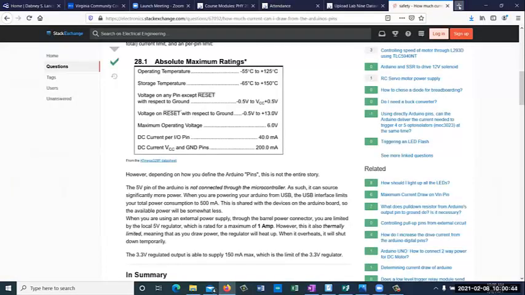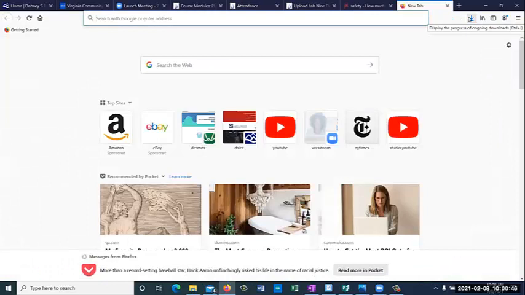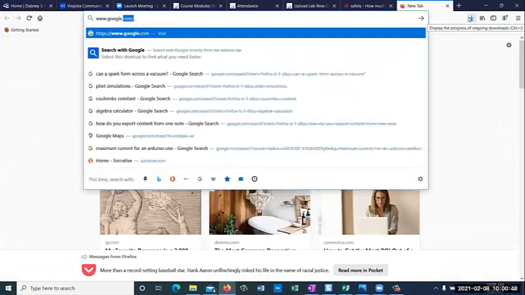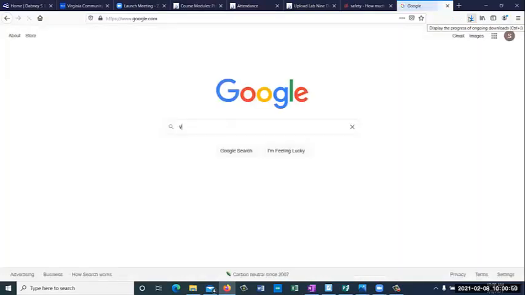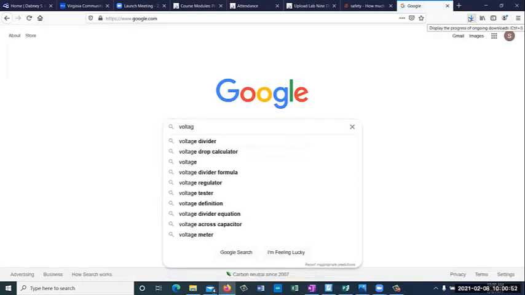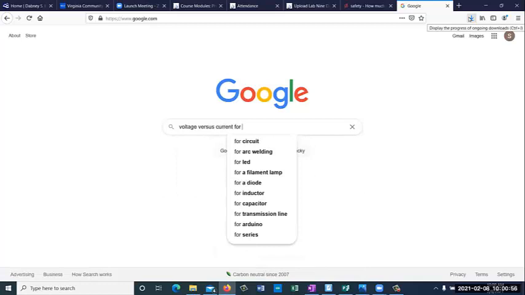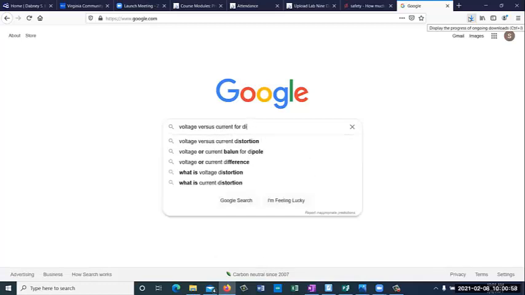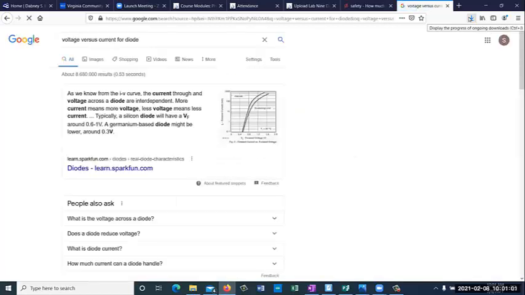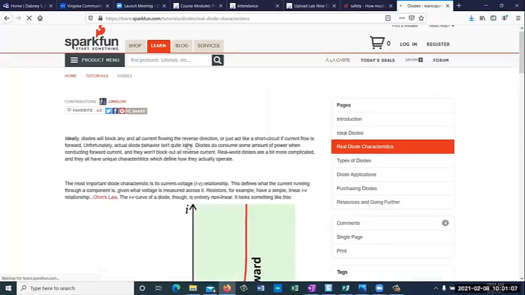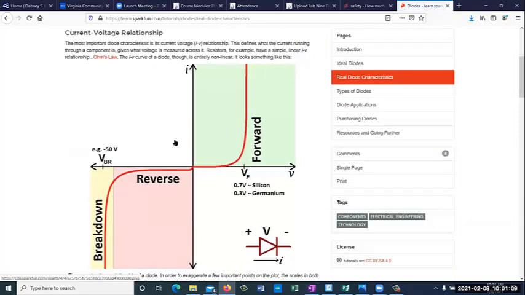Let me just show you the picture here. I don't want to go into too much detail right now, but if you look at voltage versus current for a diode, which the LED is a special kind of diode, you get this kind of curve.